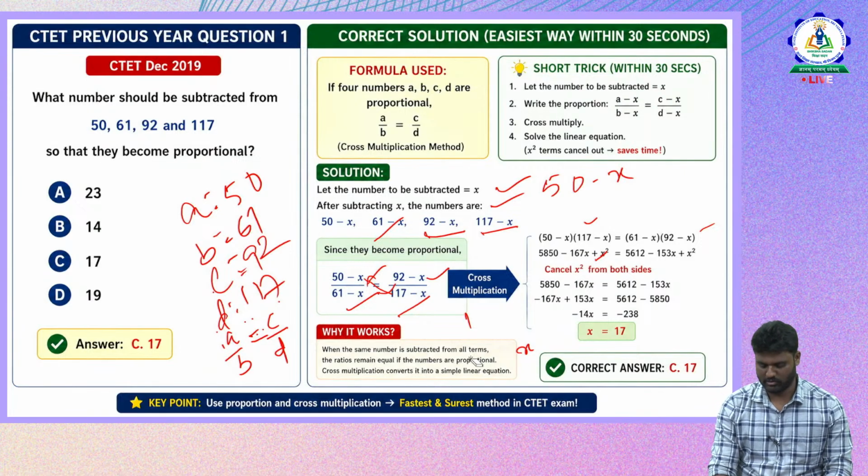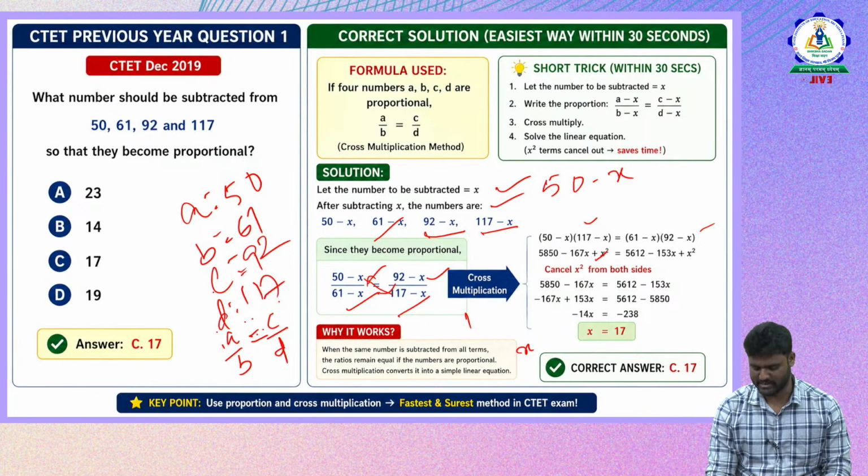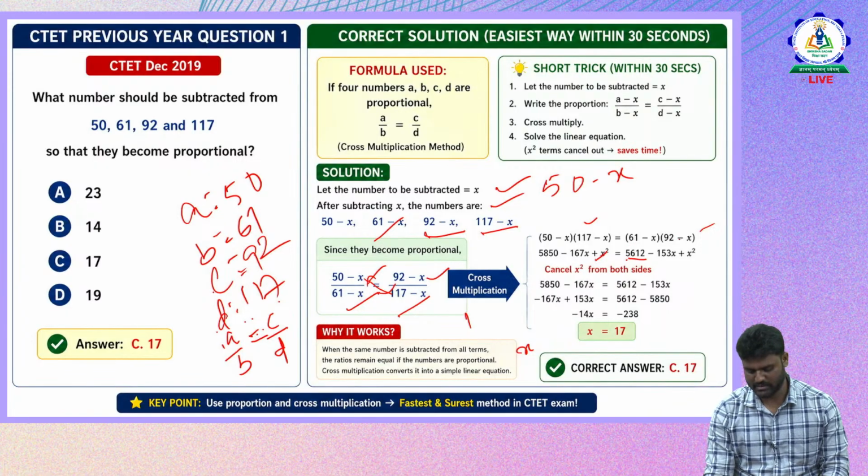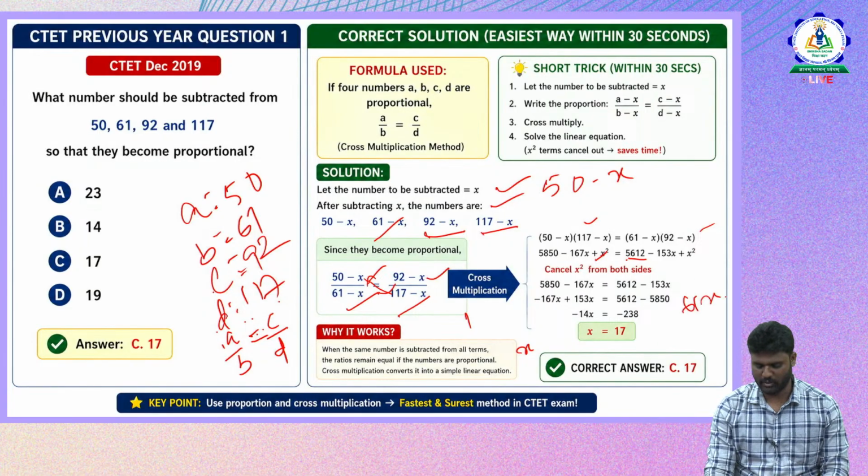Similarly, when you do 61 minus x into 92 minus x, when you multiply 61 into 92, we will get 5612. Similarly, when you multiply 61 by minus x, you will get 61x, and then again when you multiply 92 by minus x, we will get 92x.